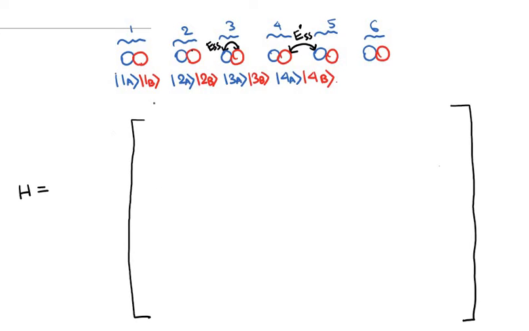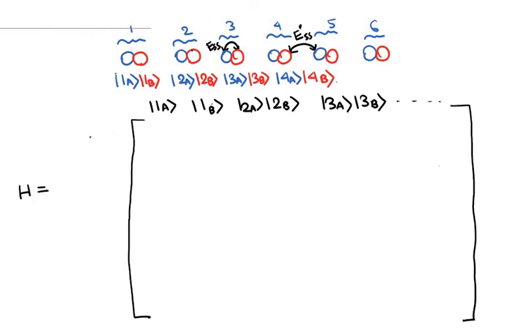it would look somewhat like this. We have these wave function positions 1a, 1b, 2a, 2b, 3a, 3b, and so on.